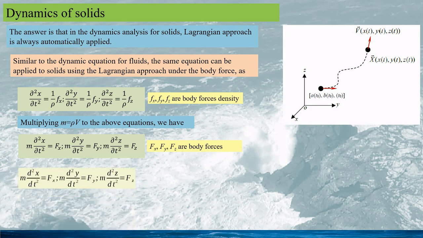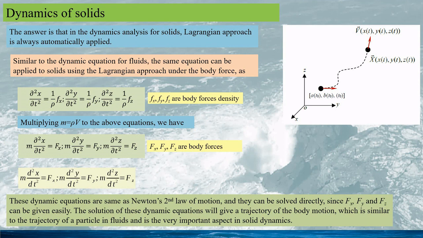This equation is the same as this because the spatial variables x, y, z are only the function of time t. These equations are exactly the same as the Newton's second law of motion. This explains why we do not use the substantial derivative for solid dynamics.